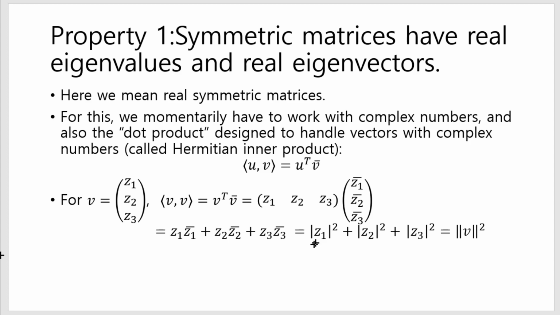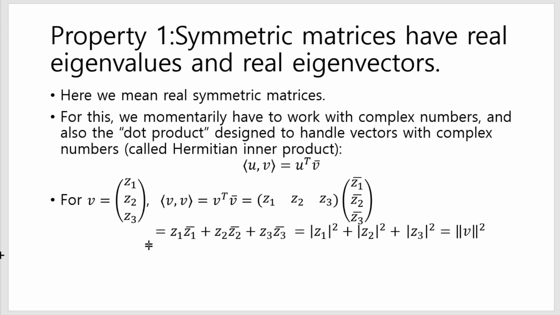And I said in the beginning that any complex number times its conjugate is the norm squared. So these are just the absolute value squares of each component, and that's actually the size of this vector, right?